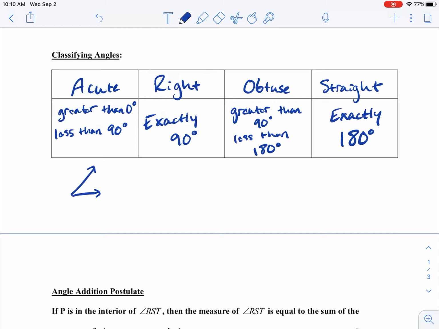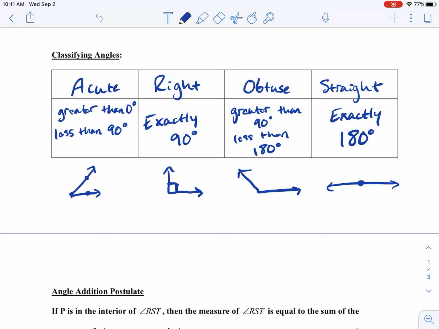To give you a little sketch of what it probably would look like, here's what an acute angle would look like, just one of the many examples. A right angle is exactly 90 degrees, and we do notate it with a little box. An obtuse angle. And then a straight angle is our third different way to show a line.